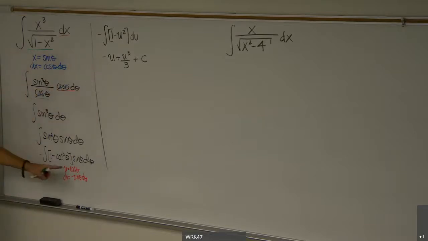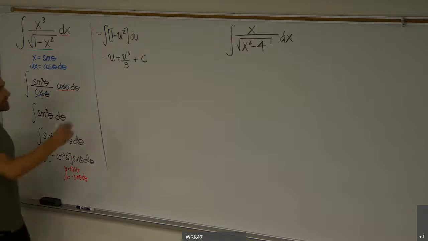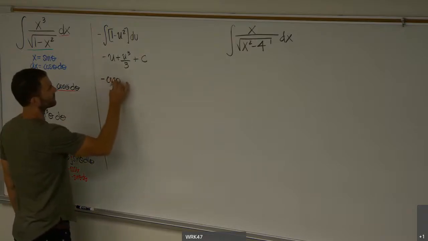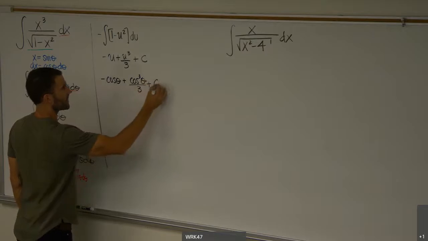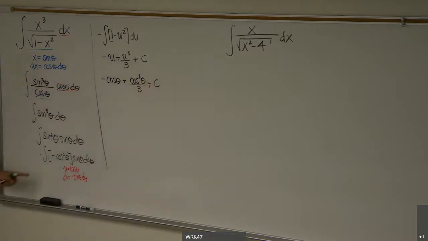So first let's replace u by what it is. u is cosine of theta. That's great. But that's actually still not the right answer because theta was also a substitution variable. And what is theta in terms of x? Well, we would have to go back here and replace theta by arc sine of x, right?